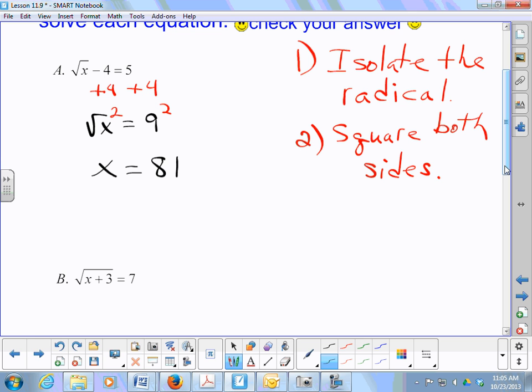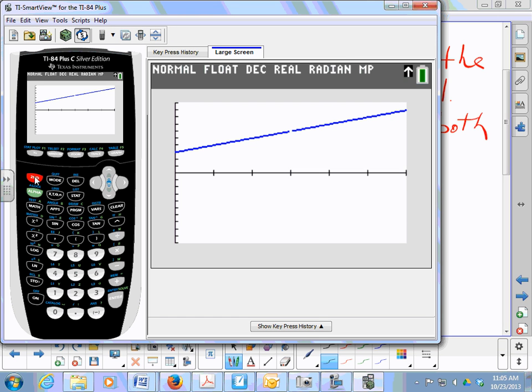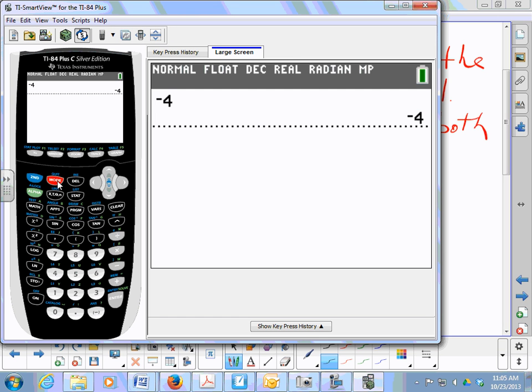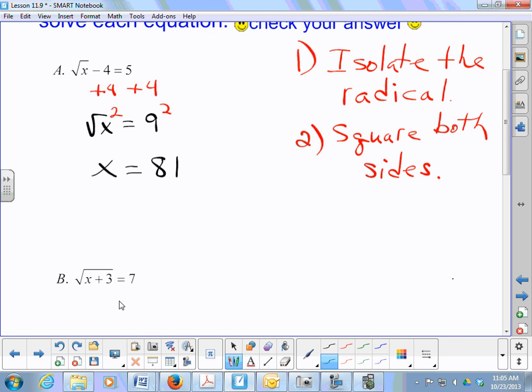So if you pull out your calculator, take my calculator, square root of 81 minus 4 equals 5. Great, did it right. But you're going to want to show it to me somehow.